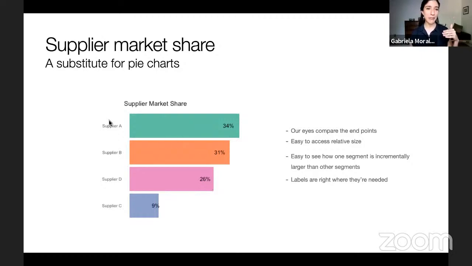Whenever you have a very long category name that you don't want to make horizontal and have everyone turning their head and getting neck pain, you can actually just flip the chart and have the long name be just a line that everyone can read without breaking their necks. So you can actually play with orientation to make it easier for the audience. So yeah, this is a better way to show the supplier market share, I think.